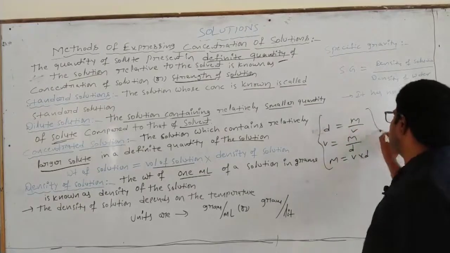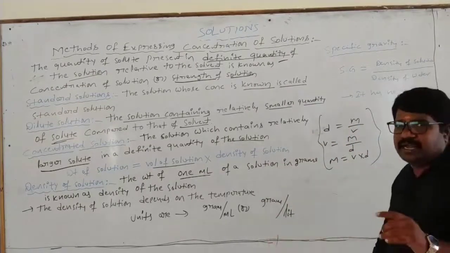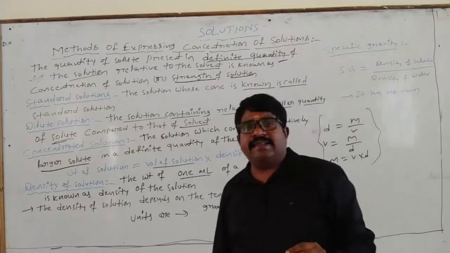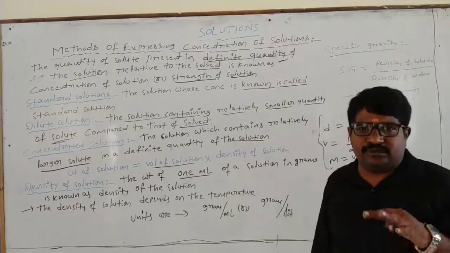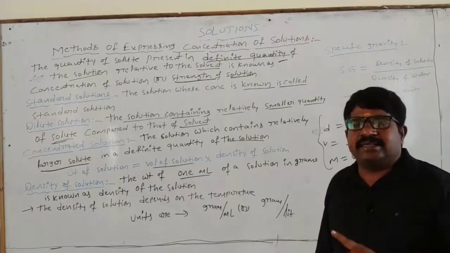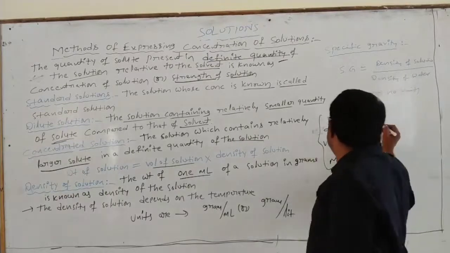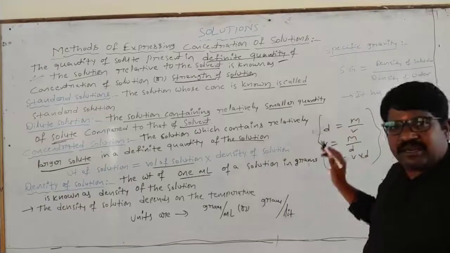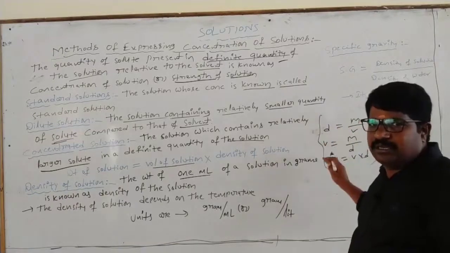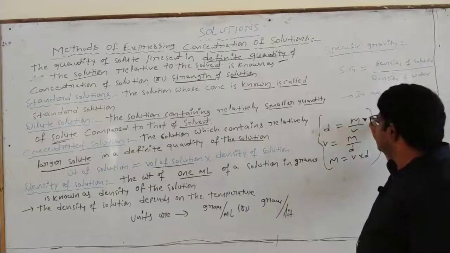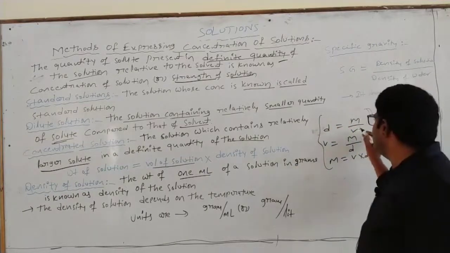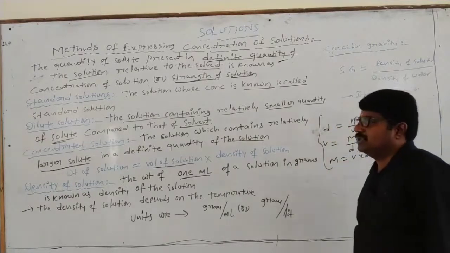These three formulas are very important when calculating molarity when density is given, and when calculating the volume of the solution when molarity and density are given. So remember these three formulas. Generally density is mass by volume; here it is the density of the solution, M is the mass of the solution, and V is the volume of the solution.